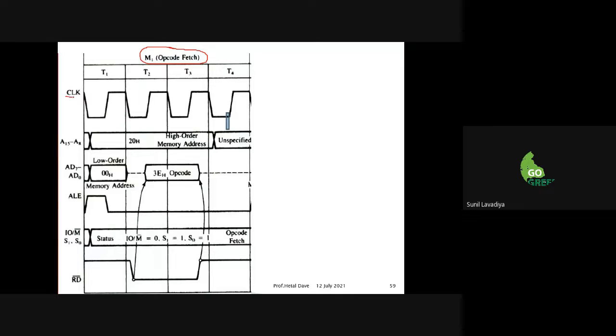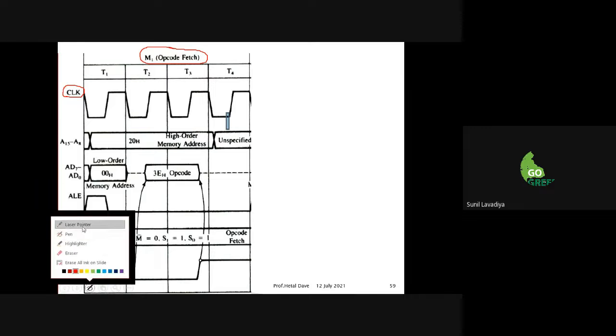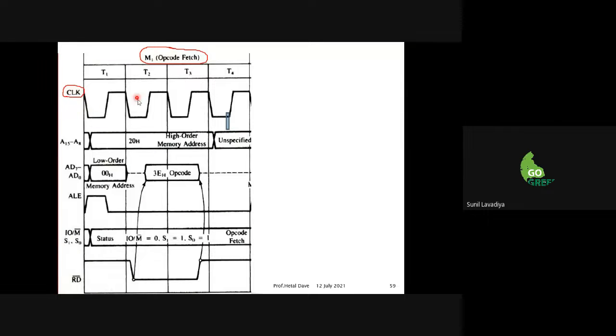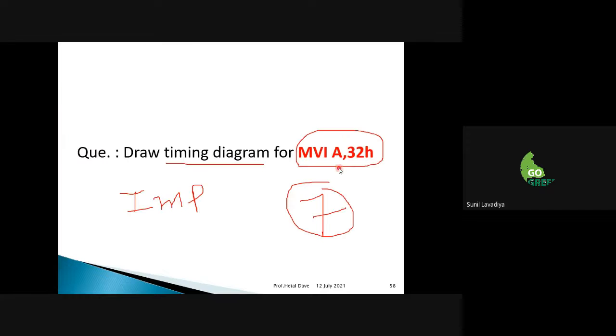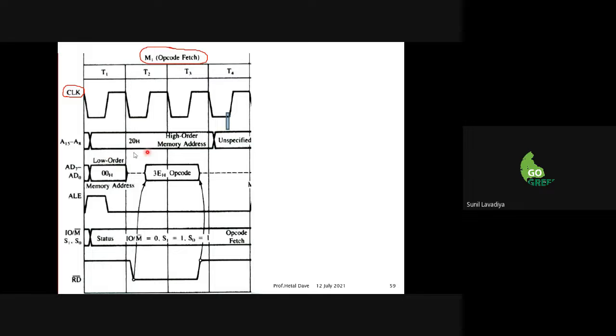We have drawn a clock cycle, same as whatever we had discussed: low, high, low, high, low, high, low, and high. Then as our program is MVI A, 32, initially in the higher order address lines we draw like this, and it's unspecified.